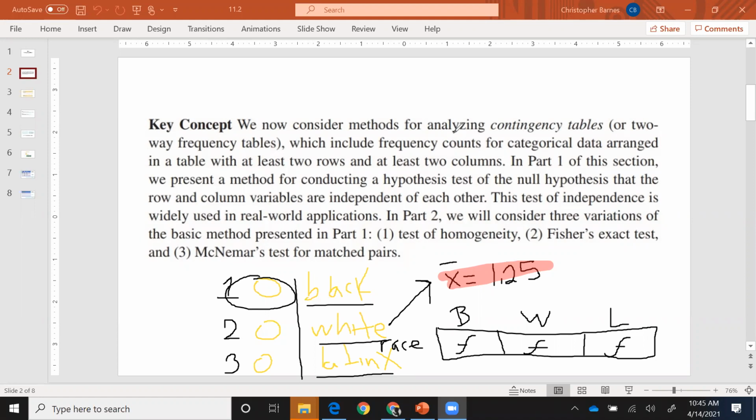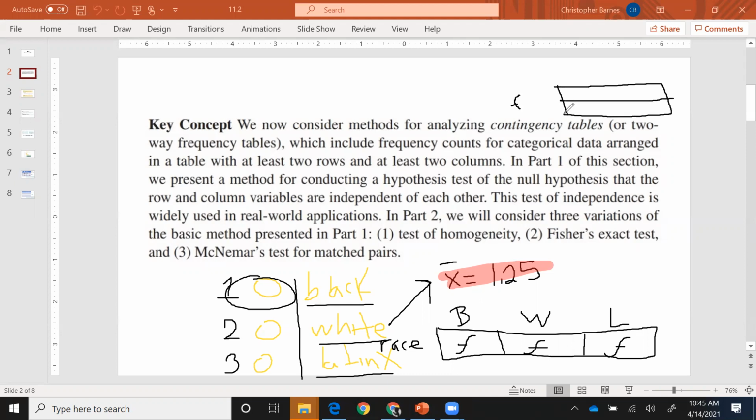Now, we're going to graduate this week because instead of just having one factor like race, we can also have more complex tables. Our tables today would not just be one row. We could have a factor here.